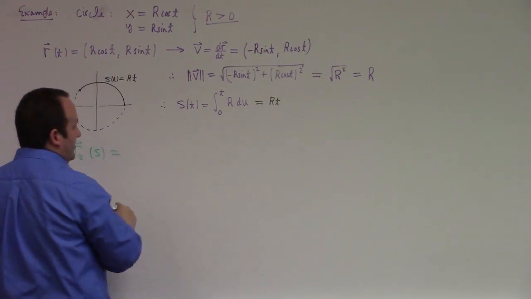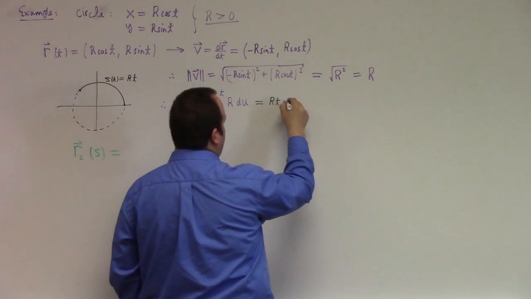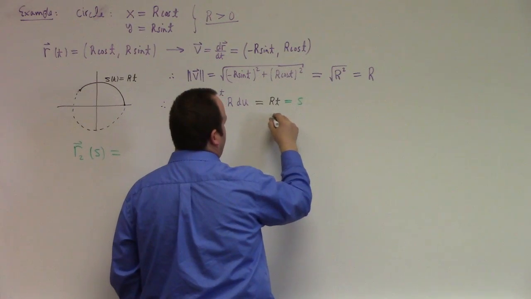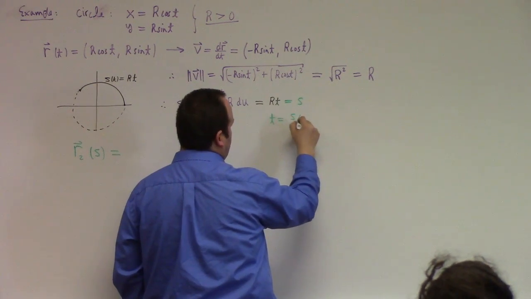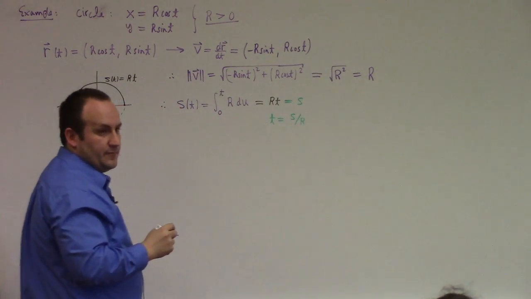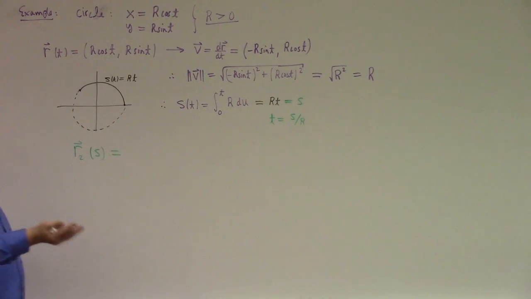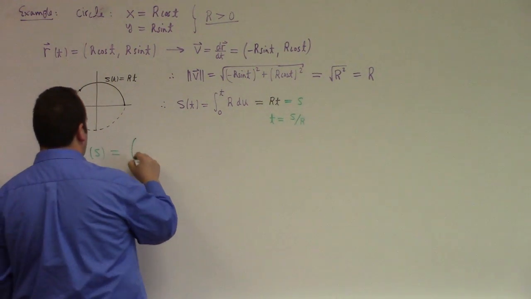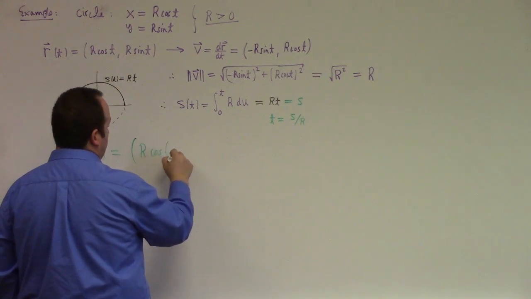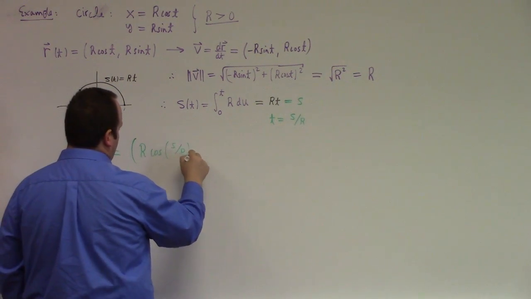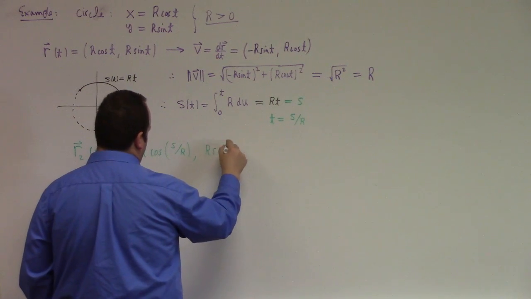Basically we found that r t is equal to s. So if I solve this for t, I've got t is equal to s over r. If I plug in s over r everywhere I had t in my original parameterization, this will give me a new parameterization of the curve: r cosine of s over r, r sine of s over r.